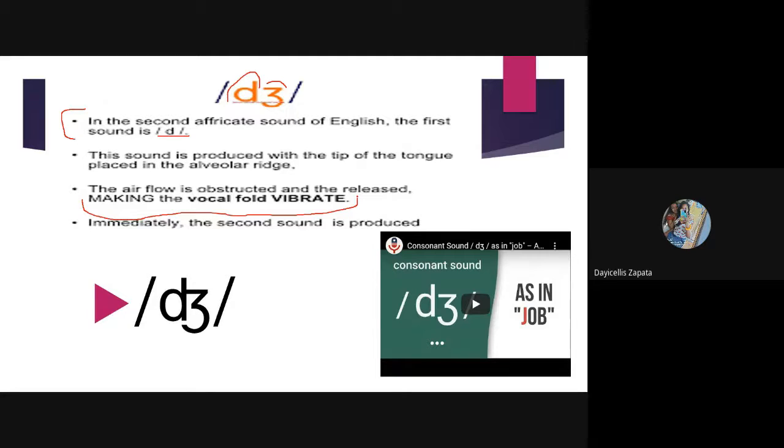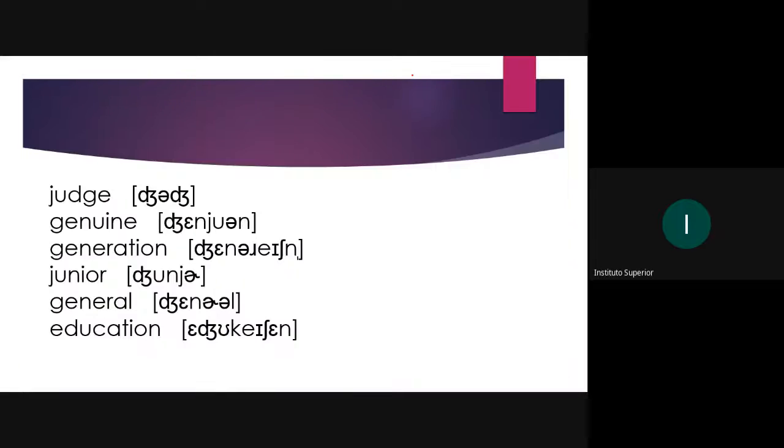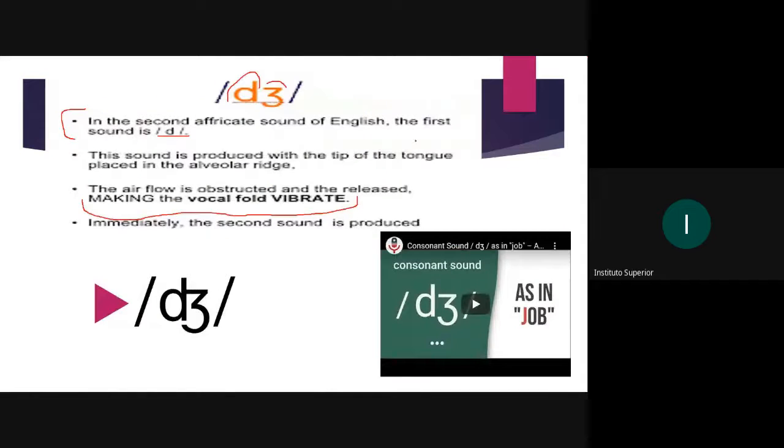Immediately, the second sound is produced. Okay, thank you. This sound is produced with the tip of the tongue placed on the alveolar ridge, and immediately after that, we're going to produce the second sound. Like this one. This sound.